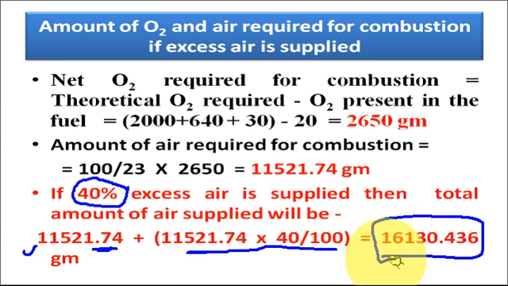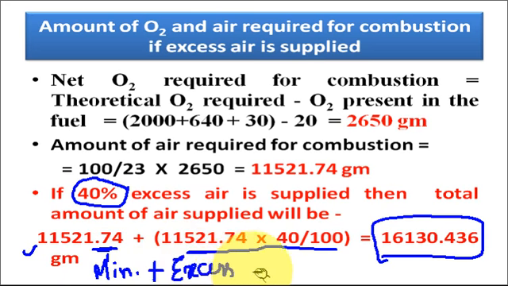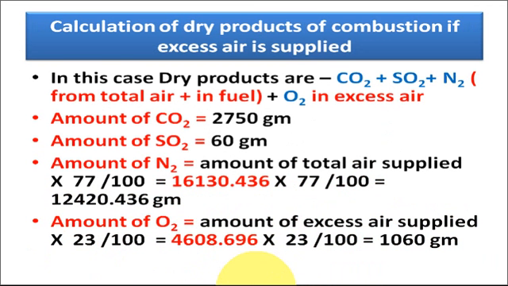So I hope it is clear that the total amount of air supply is the minimum amount of air required for combustion plus the excess amount, whatever percentage it may be. Right? So this is the total amount of air if 40% excess air is supplied. I hope it is clear to all of you now.